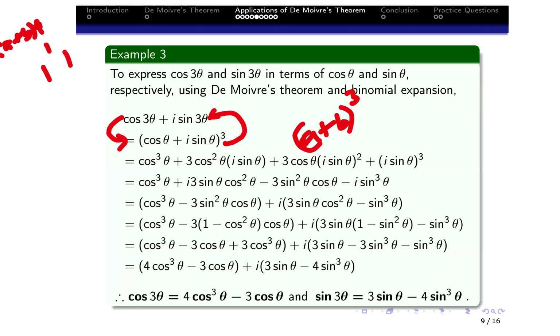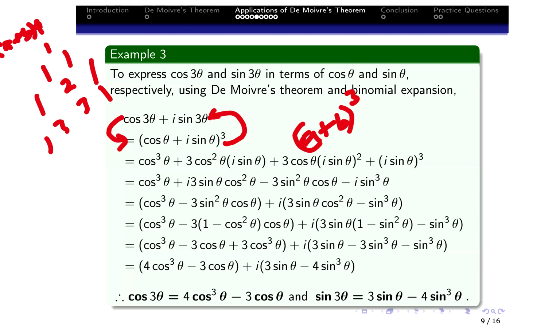If it is raised to power 2, you have 1, 2, 1, that's a squared plus 2ab plus b squared. And finally for power 3, you have 1, 3, 3, 1.